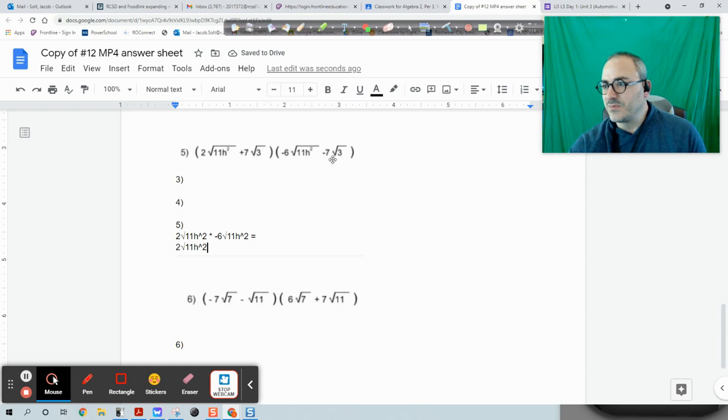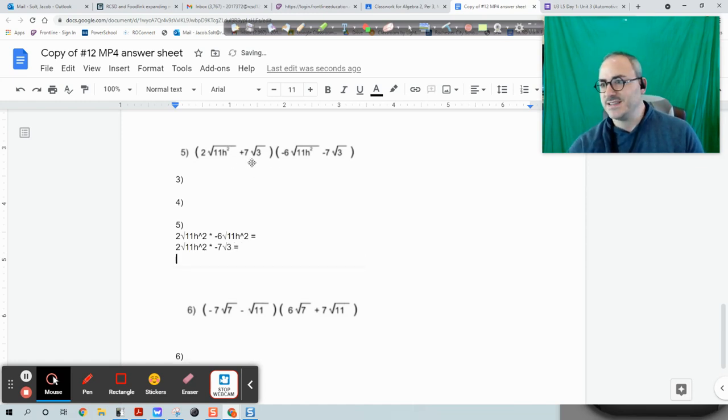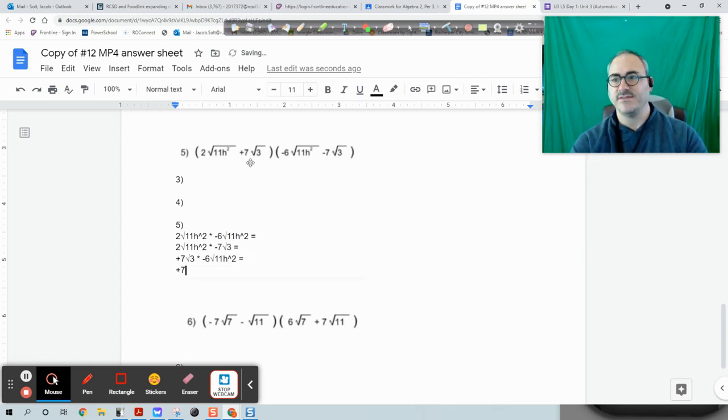Now I'm taking this and I'm multiplying it by this, negative 7 radical 3. And now I got to take the other side, the last piece of this, plus 7 radical 3 times negative 6 radical 11 h to the second, and plus 7 radical 3 times negative 7. Ooh, that'll be interesting. Negative 7 radical 3.